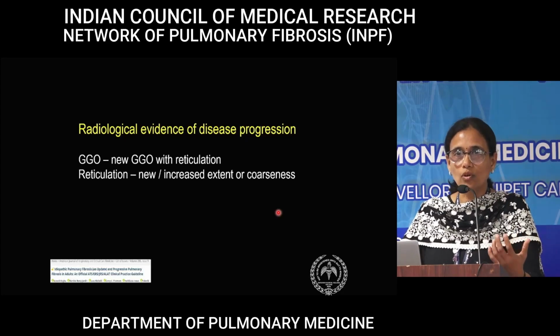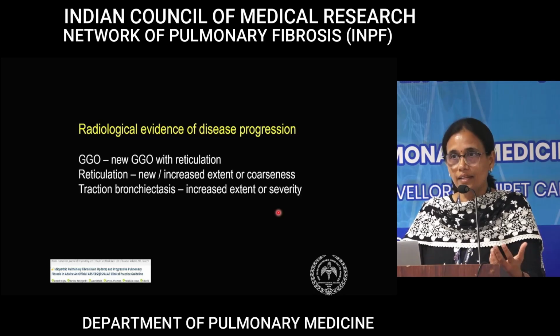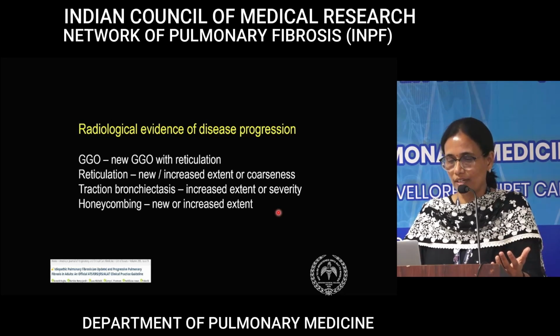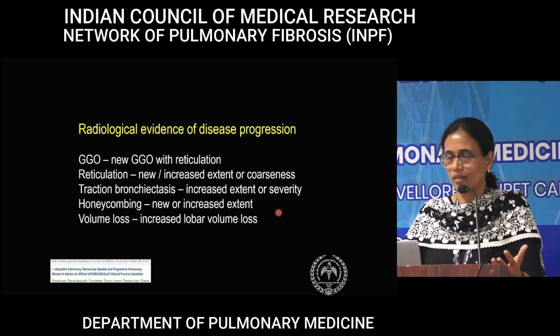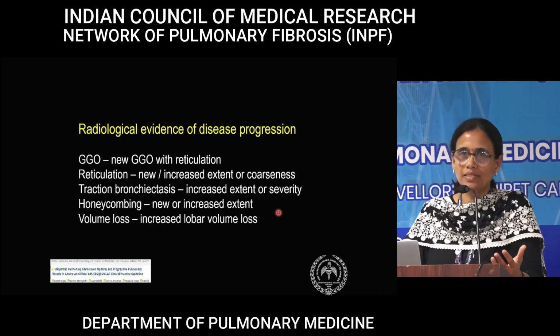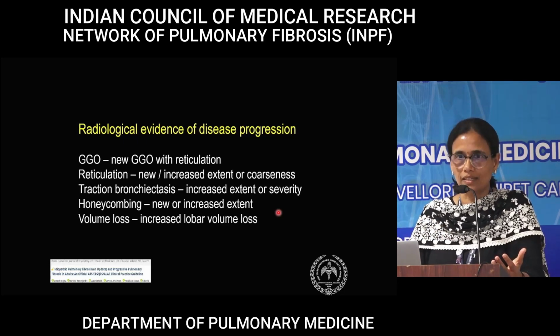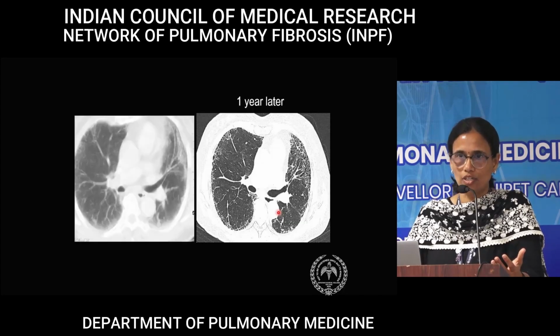New or more coarsened appearance of the reticulation that was there, increasing extent or severity of the traction bronchiectasis, new or increased extent of honeycombing, or increasing volume loss. Basically, whatever we said is fibrosis, if any of it is new or increasing, then if any one of these is there, we can say there is radiological progression.